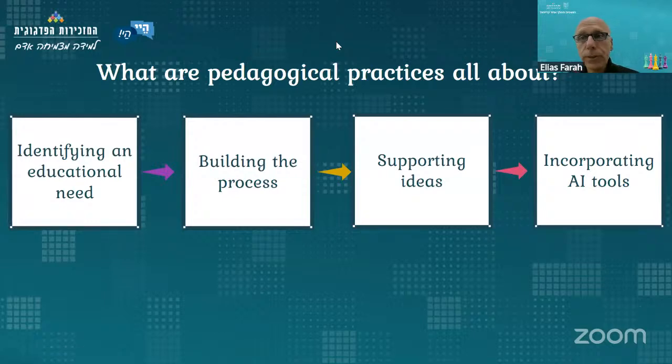For English teachers, our starting point is always the curriculum, because we are implementing the curriculum in our teaching, in our pedagogy. The second thing is that we build a process. In the practice, we describe step by step how to implement it, how to use it in our pedagogy. And then we add supporting ideas, meaning if we have additional ideas, if we can create another practice using the practice that we created. And finally, we use AI tools for efficiency and for creating creative solutions as well, and creative lesson plans.